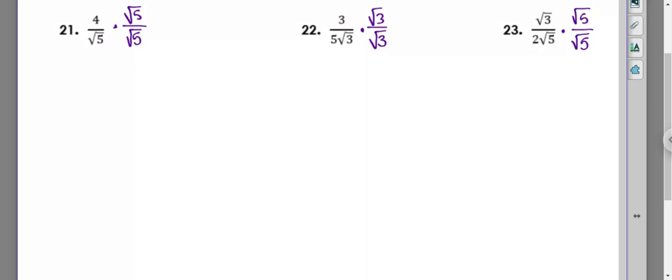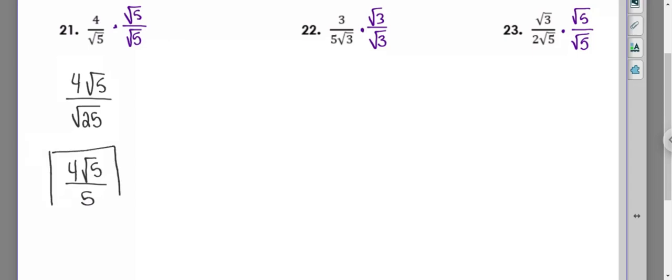Now, looking at these last few, so that would be 4 times the square root of 5 over the square root of 25. So 4 root 5 over 5. Nothing I can do to simplify 4 over 5. So that's the final answer there. 22, 3 times the square root of 3 over 5 times the square root of 9.